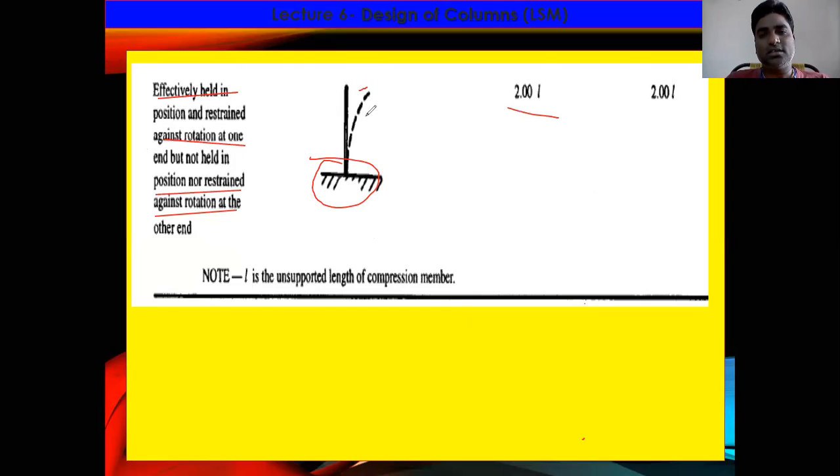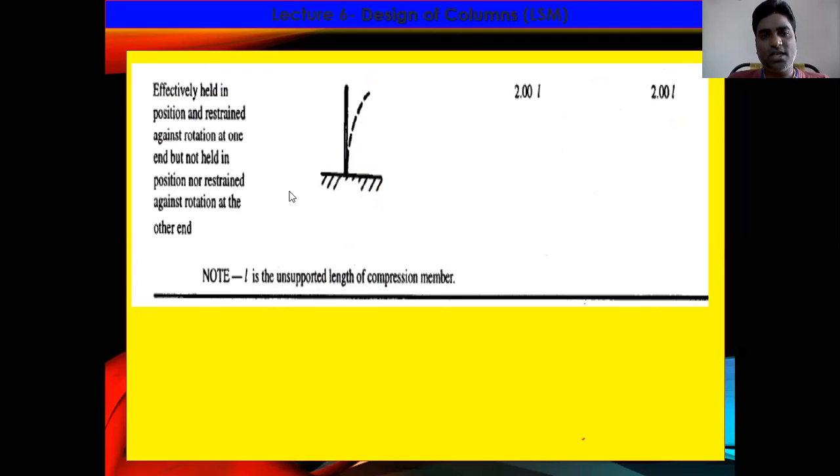In this case, the effective length is 2 L as theoretical, and the recommended value is also 2 times L. The small L is nothing but the unsupported length of a compression member. Column is a compression member. So these are the different effective lengths to be considered as per the support condition.